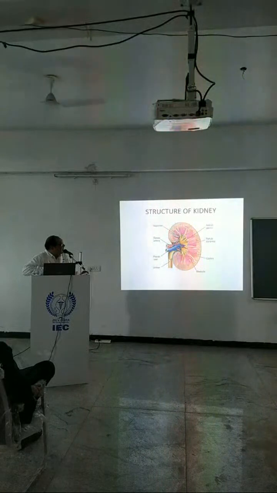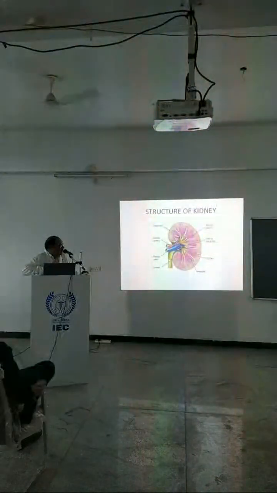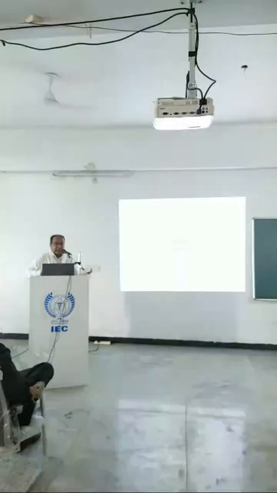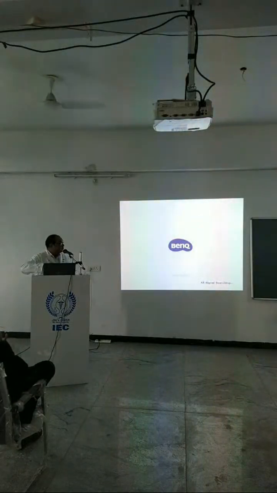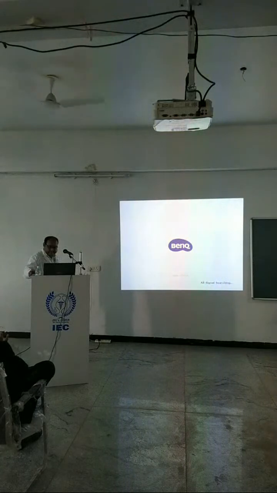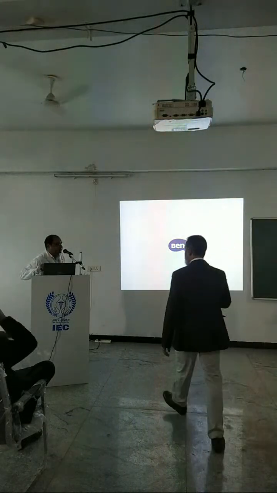Now, this is the coronal section of the kidney, showing macroscopic structures. Microscopically, we will see later the histology of the kidney. But first, what we can see with the naked eye on the coronal section.